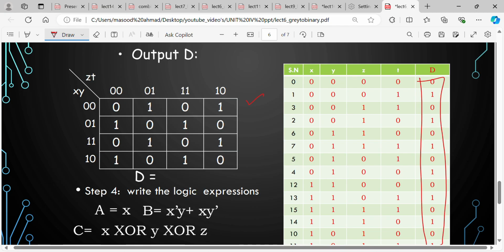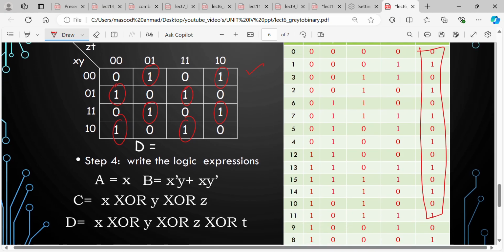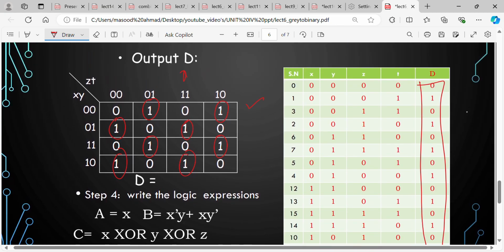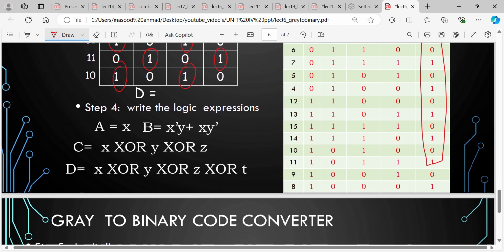We cannot combine anything more. So we will write the expression as it is, but it is equivalent to x XORed with y, XORed with z, XORed with t. So these are all XORed. This is exactly the expression.